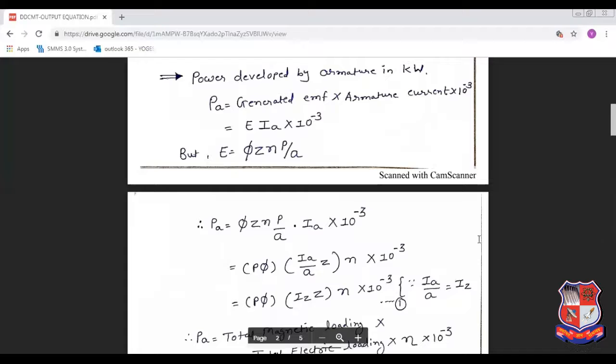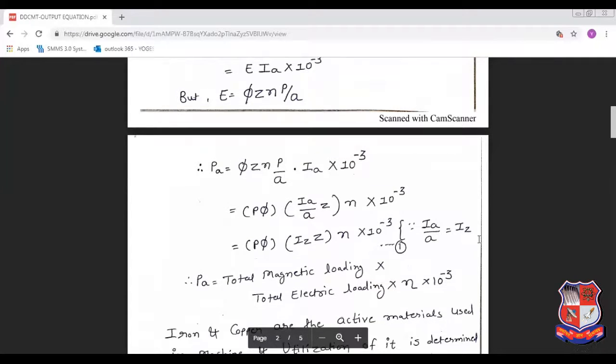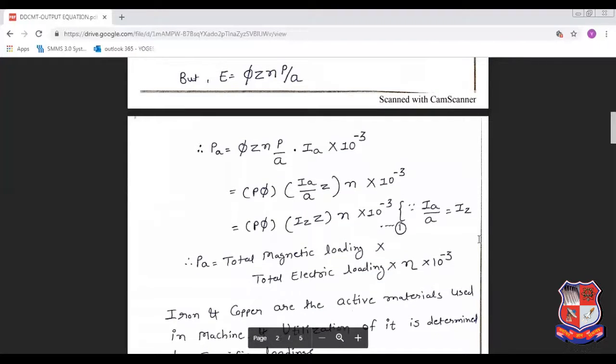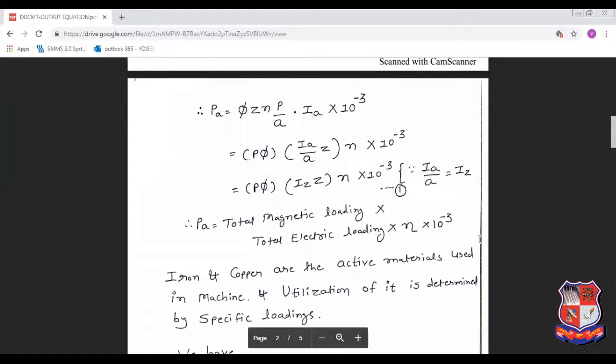Put the value of E in the above equation. So, power developed by armature PA equals phi Z n P divided by A into Ia into 10 raised to minus 3.